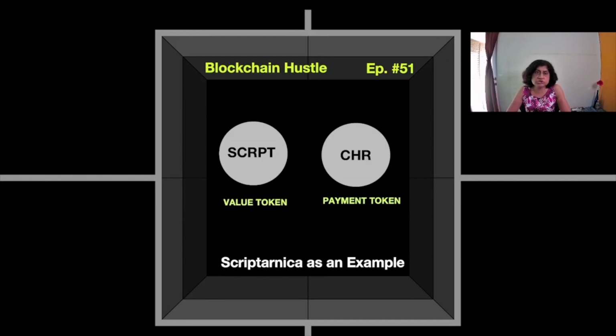One token is SCRPT, the script token, your value token, which is traded on the exchanges. And then you have CHR, which is your payment token. You burn the script token to get your CHR token. Now, the CHR tokens are non-transferable. And as I said, you burn the script tokens to get your CHR tokens.